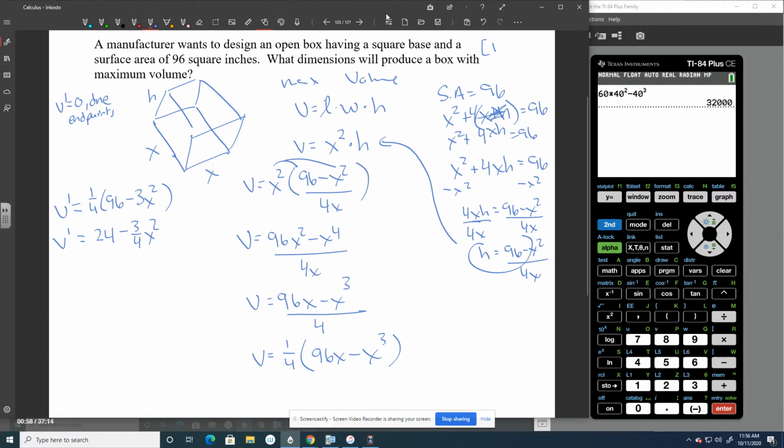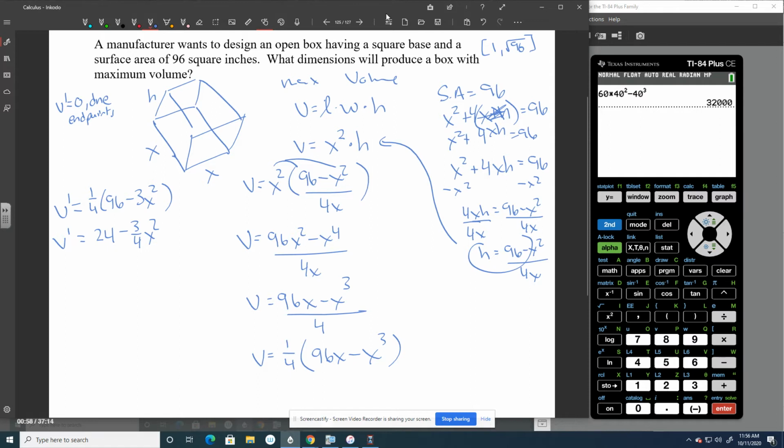If this was 1 by 1, the bottom would be 1 and the outsides would be 24. Or we could make it really big. We could make it the square root of 96, and it could just be 1 tall. So we'll play with that one just a little bit. Is the square root of 96 right? The tallest that it could be, or I guess the biggest that our bottom could be, so that we had a height of 1.